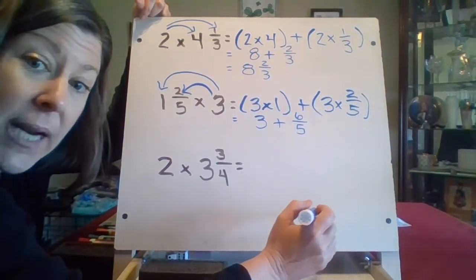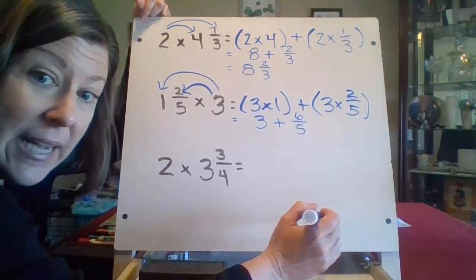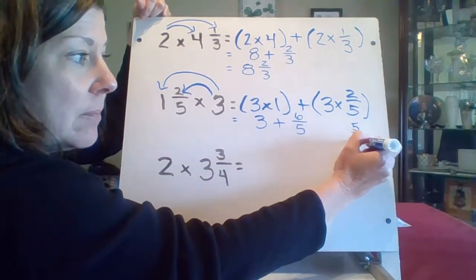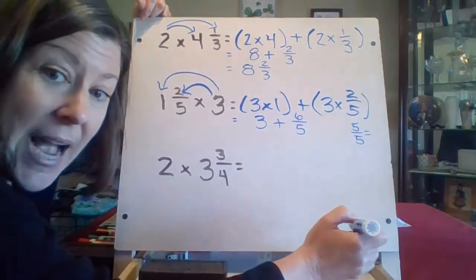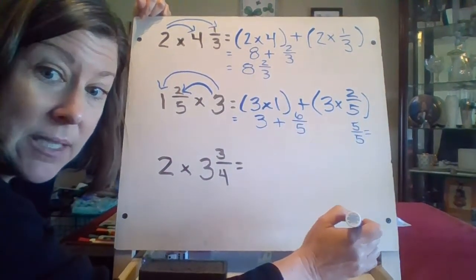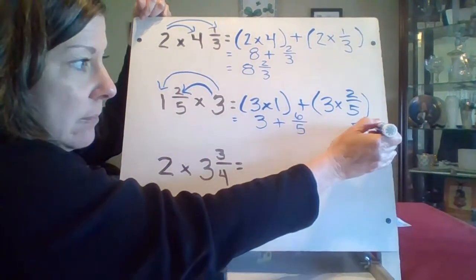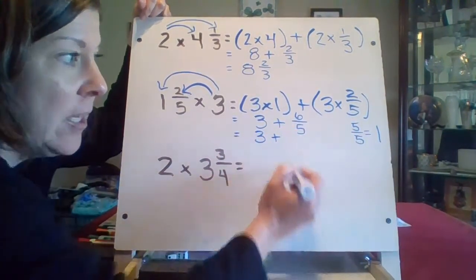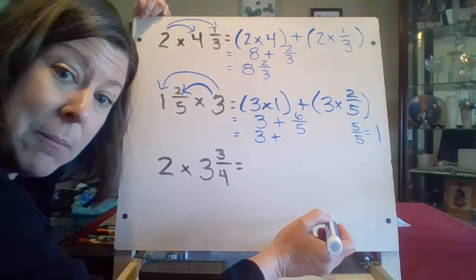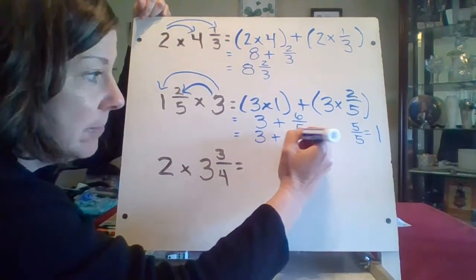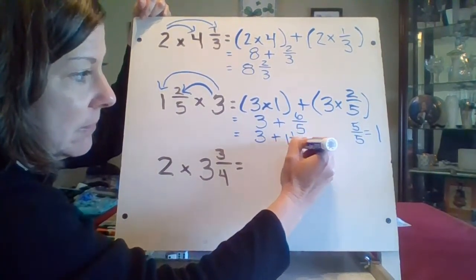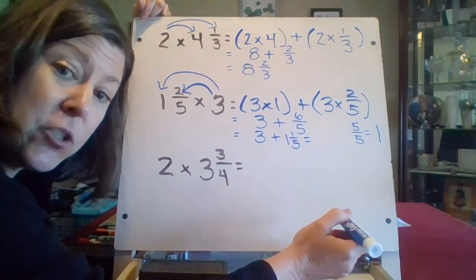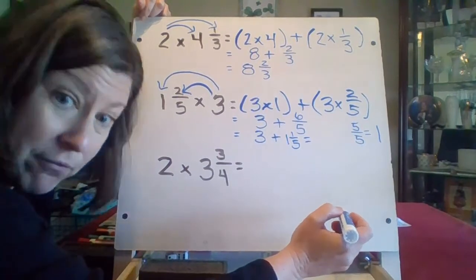Well, I know that I can pull a whole out of that 6/5 because I know that 5 of those fifths makes a whole. So I end up with 3 plus 1 1/5. And my final answer is 4 1/5.